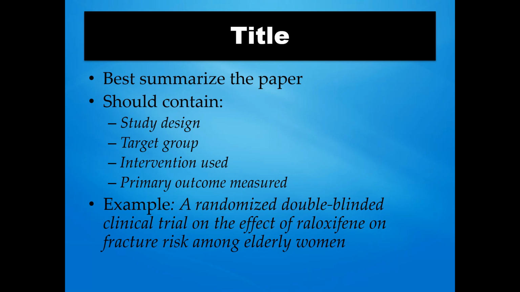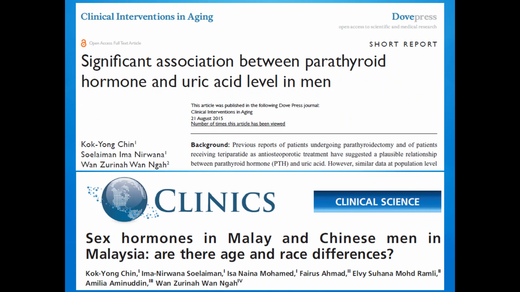So this is a good title because at one glance it tells you what this original research article is about. And these are the titles of some of the publications that we have put forward. Significant association between parathyroid hormone and uric acid in men. This is a cross-sectional study, so there are no interventions.